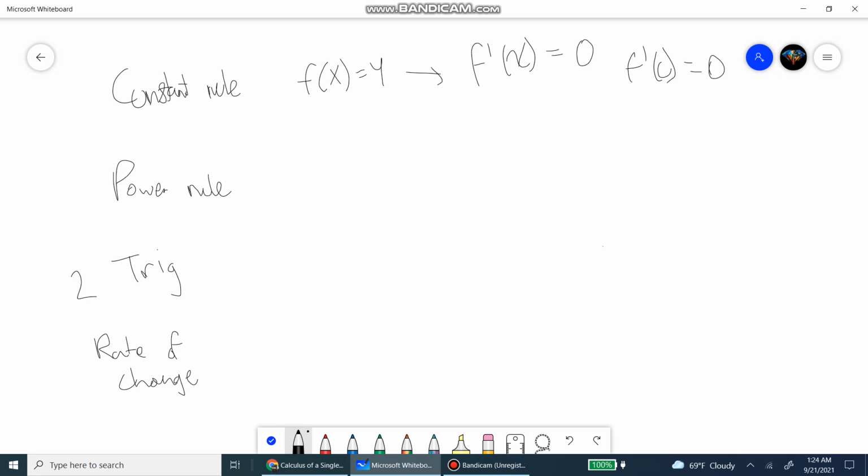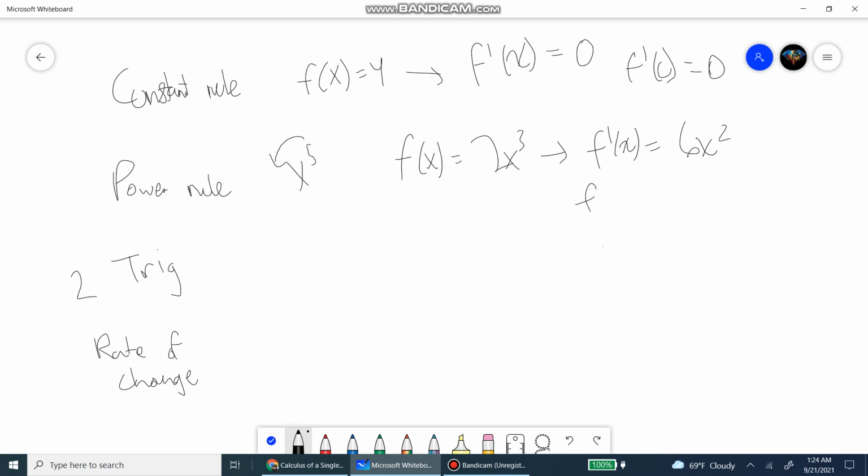Power rule. Power rule basically is, let's say you have a variable to some power, let's say 5. You pull the power down and then you subtract by 1. So for this, let's do 2x cubed. The derivative would be 6x squared.